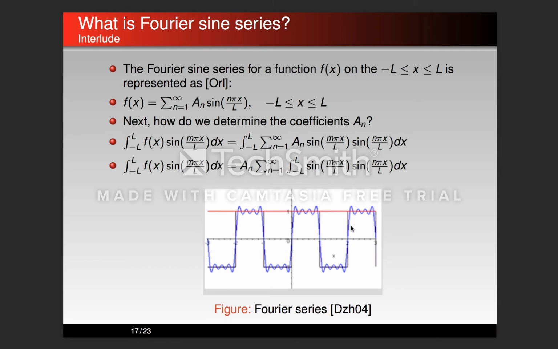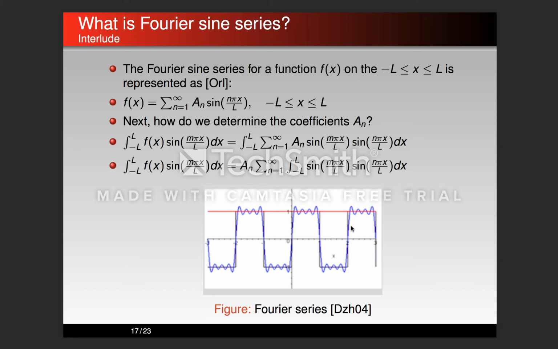So to find the coefficient d n of this solution to the Laplace equation, first we have to know what is a Fourier sine series. Since the Fourier sine series is used in finding the coefficient d n of this solution to the Laplace equation, now we'll go through what is a Fourier series.